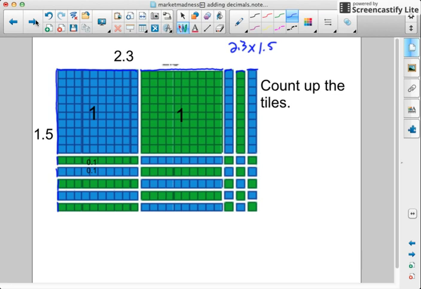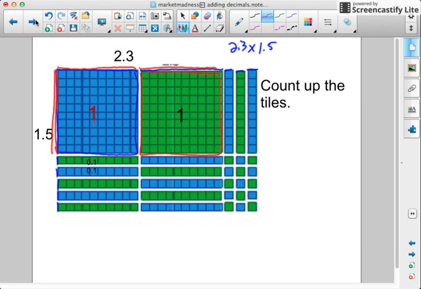Then after I've created the outline of my rectangle, I need to fill it in with blocks that match up with what the sides are. I would look at this and realize I need to put a whole there. That would be 1. I can fit another whole here, so this would be another one.